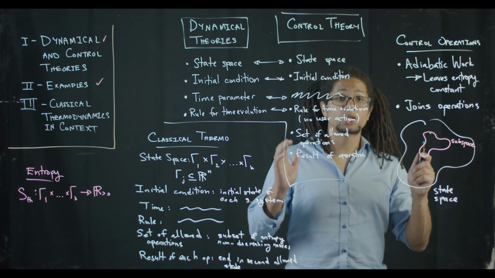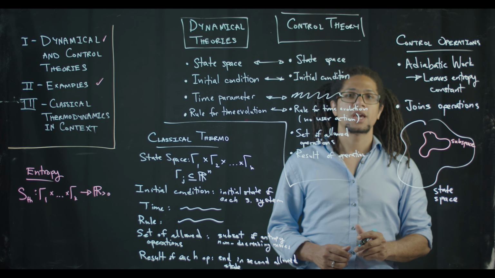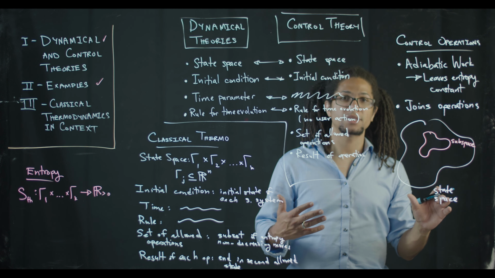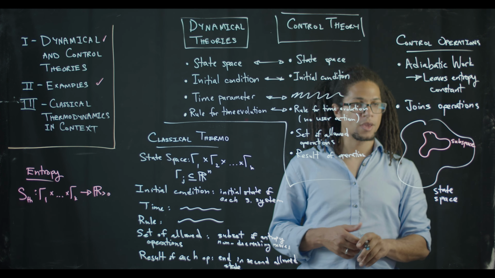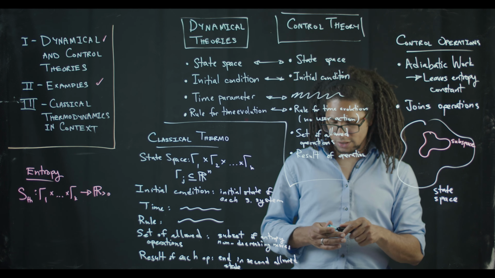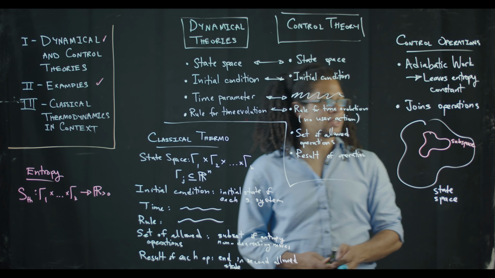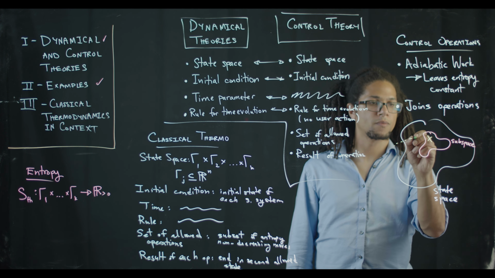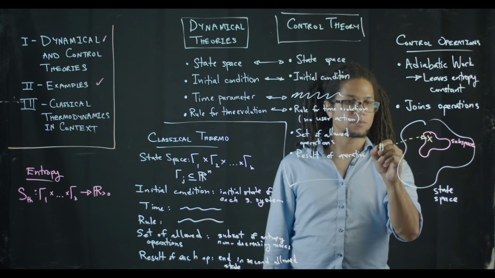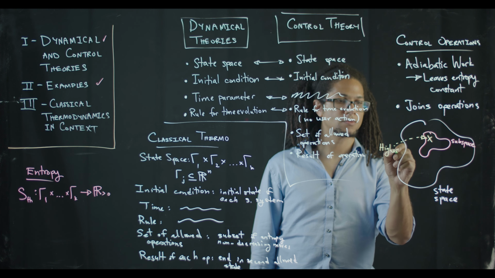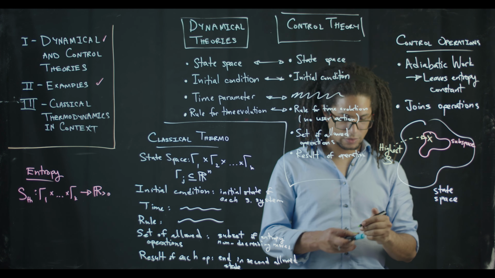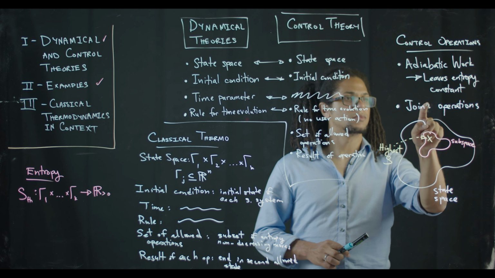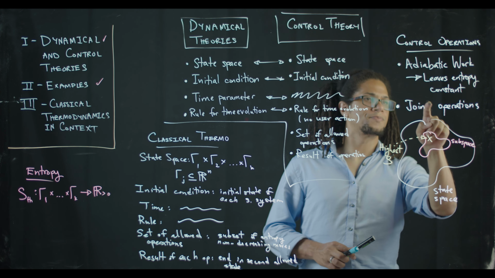The result of this particular operation is that the system ends up in the state in this subspace which has the highest entropy. So if we look at all of the points, we choose the one that has the very highest entropy. And that is where the system ends up.